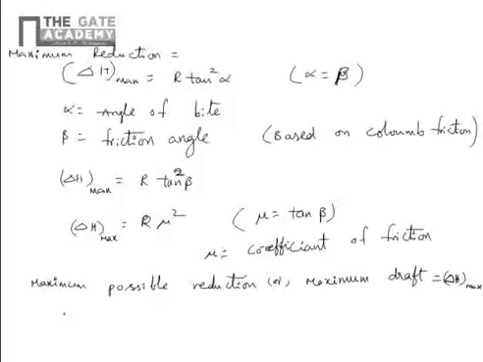So reduction increases with increase in the radius and the coefficient of friction, because maximum reduction is directly proportional to the radius of the roller and the coefficient of friction between the roller and the sheet.